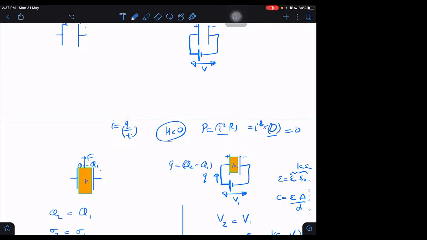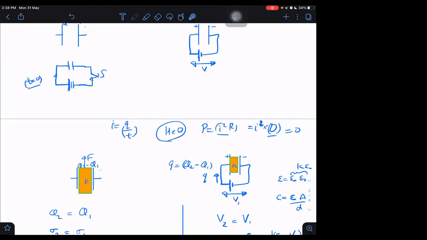Let me take another example when power will not be 0. This is a battery. This is a switch. I am closing the switch. When I close the switch, what time does it take for the circuit to start? 0 time only, almost 0, because the moment the wire touches, at that time only the current starts flowing.